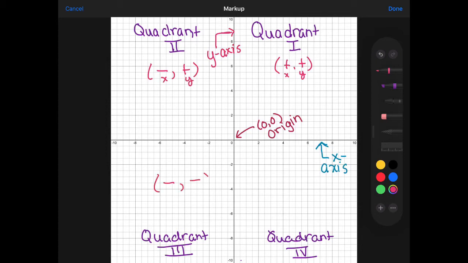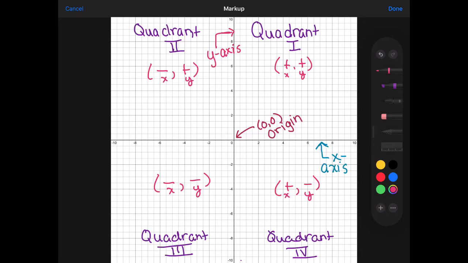In quadrant 2, x is negative and y is positive. In quadrant 3, they are both negative. And in quadrant 4, we have positive, negative. That's the type of numbers you will have, and they always go inside parentheses with a comma separating the two numbers.